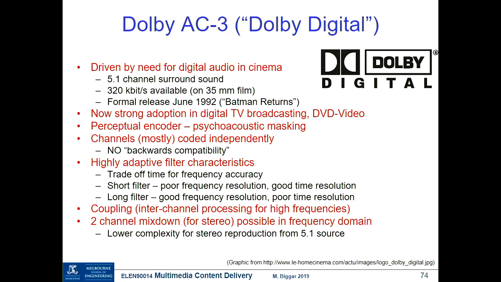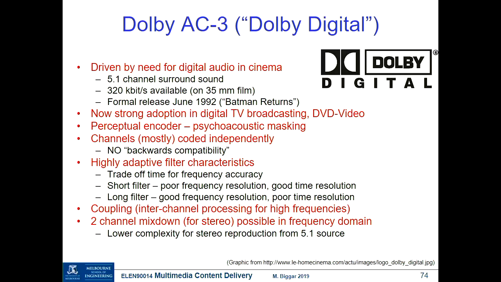So without going through all the details of where the space came from and how fine you could make the optical print on the film to represent your digital data, the bottom line was that they ended up with 320 kilobits per second. And so they developed this surround sound digital encoder and decoder system that gave very good quality at this 320 kilobits per second.